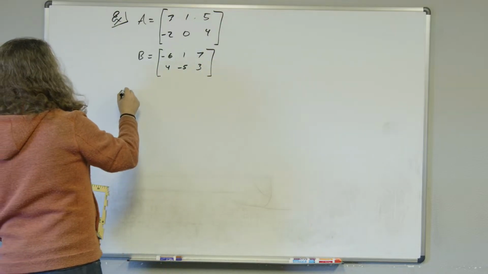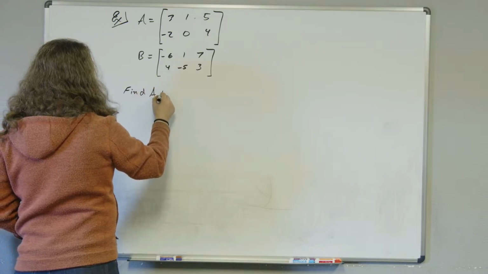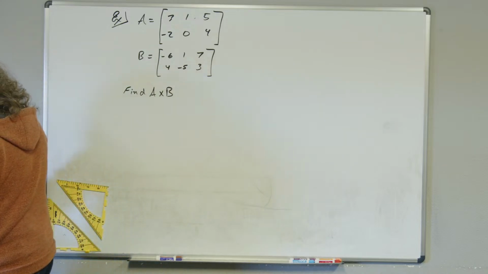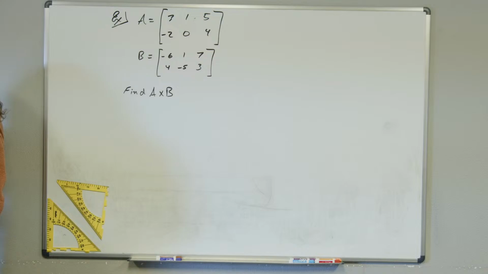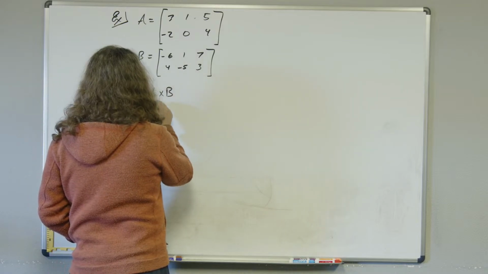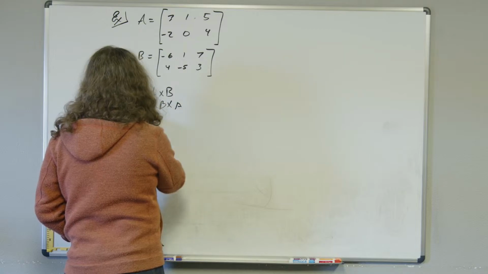And we want to find A times B, and B times A, if possible. When you're saying it like a 2 by 3, it's row by column. Always row by column.